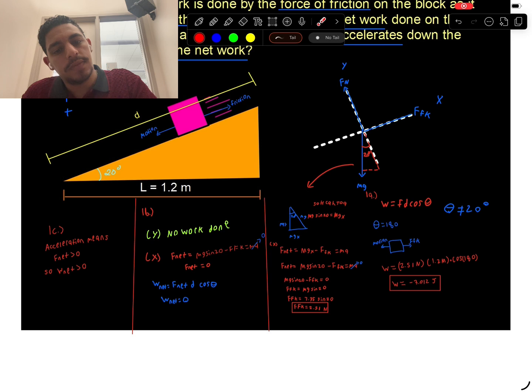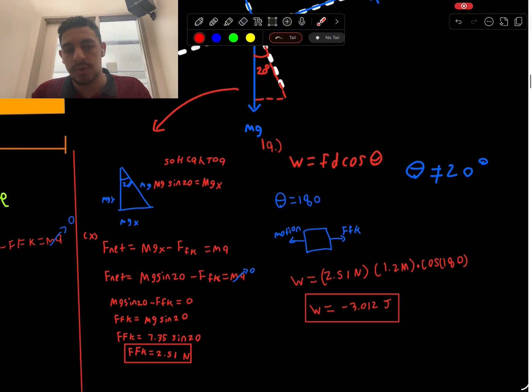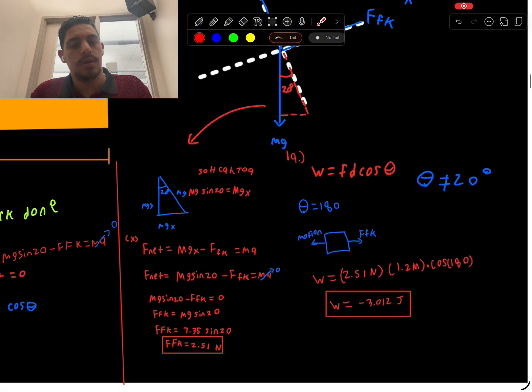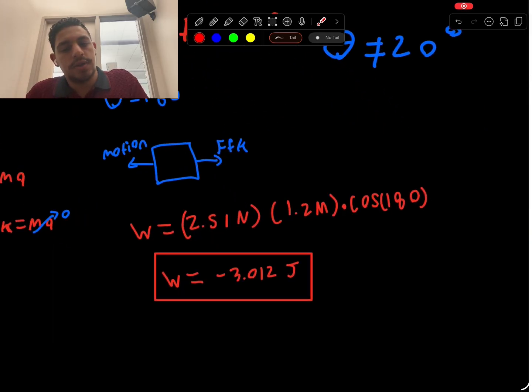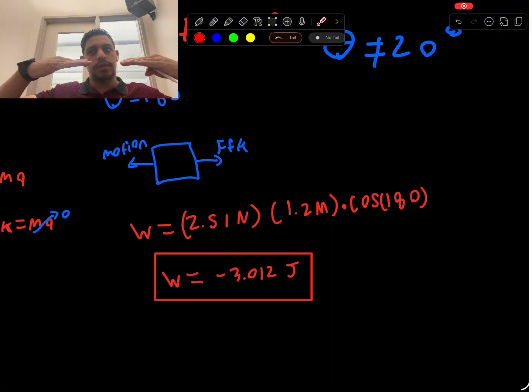So cosine theta would be the angle between these two, right? So that's actually 180 degrees, not 20 degrees, okay? Because again, motion's going this way, force of friction is going that way. The angle between the motion and the force of friction, which is causing some sort of work on the object as it's displacing at some distance, is 180 degrees between the two, right?